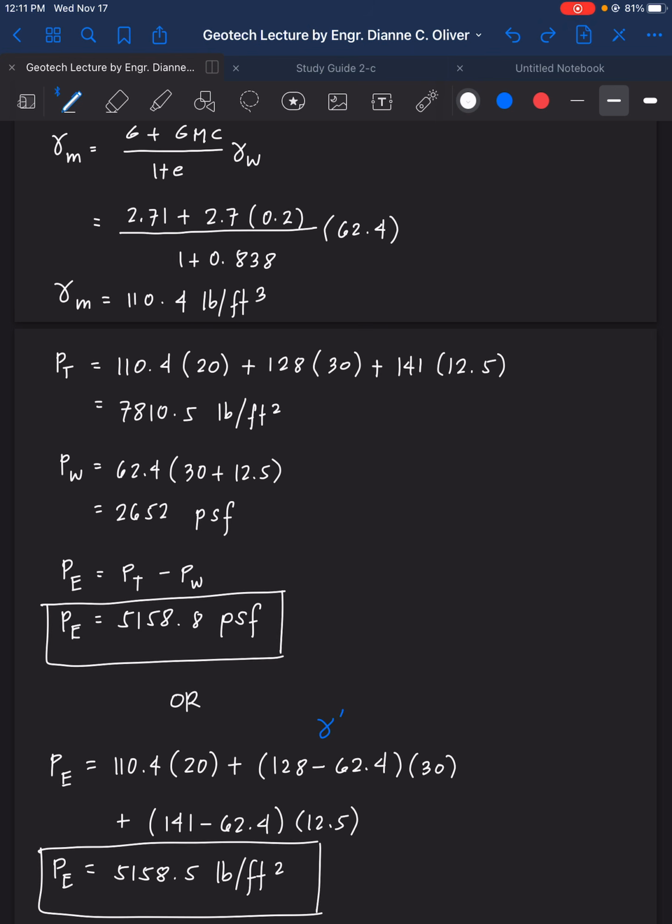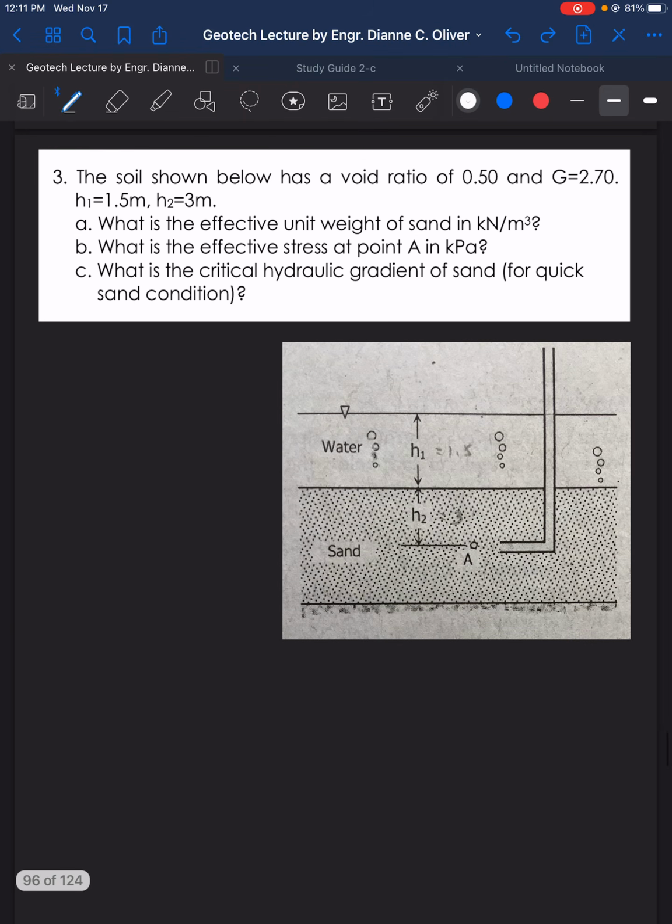Okay, so let's go to number 3. The soil shown below has a void ratio of 0.50. So there's only one type of soil here in this figure. We have sand. So the void ratio given, E, is equal to 0.50. And the specific gravity G is equal to 2.70.